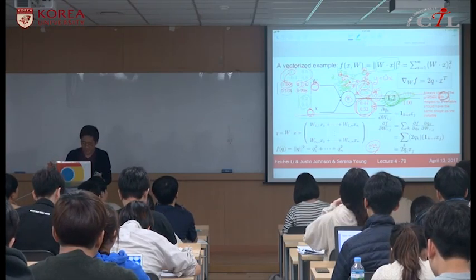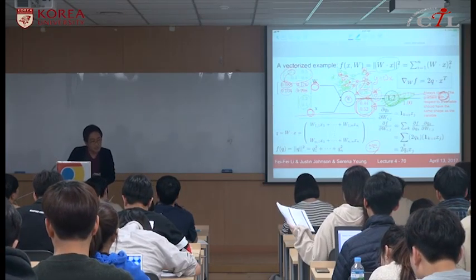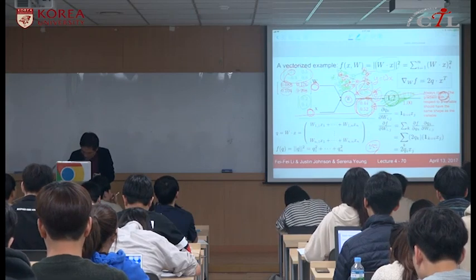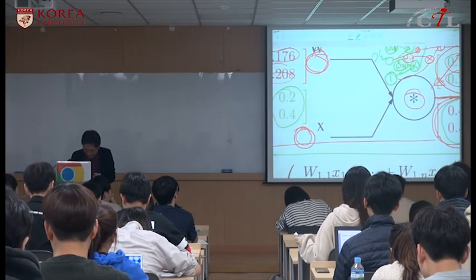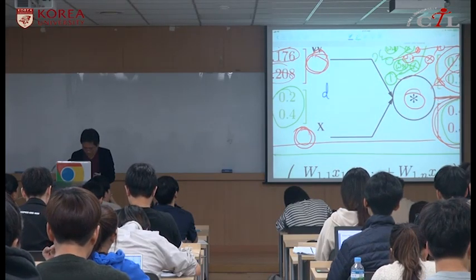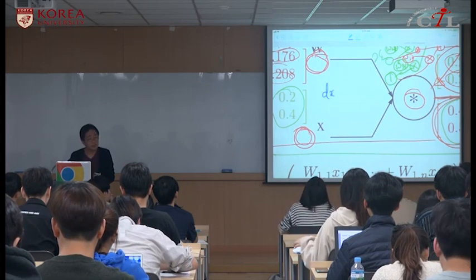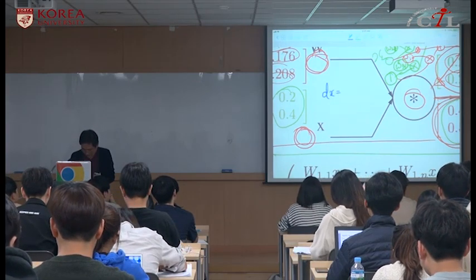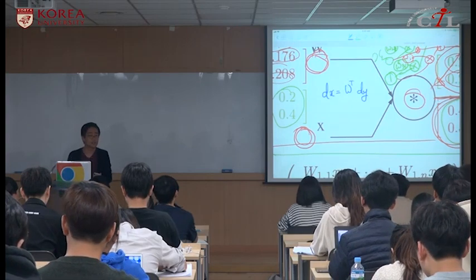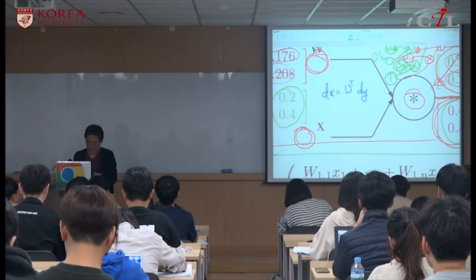And now, I think you have already studied the derivation of dx being equal to dy times W transpose, right? It was in the video that I asked you to watch.